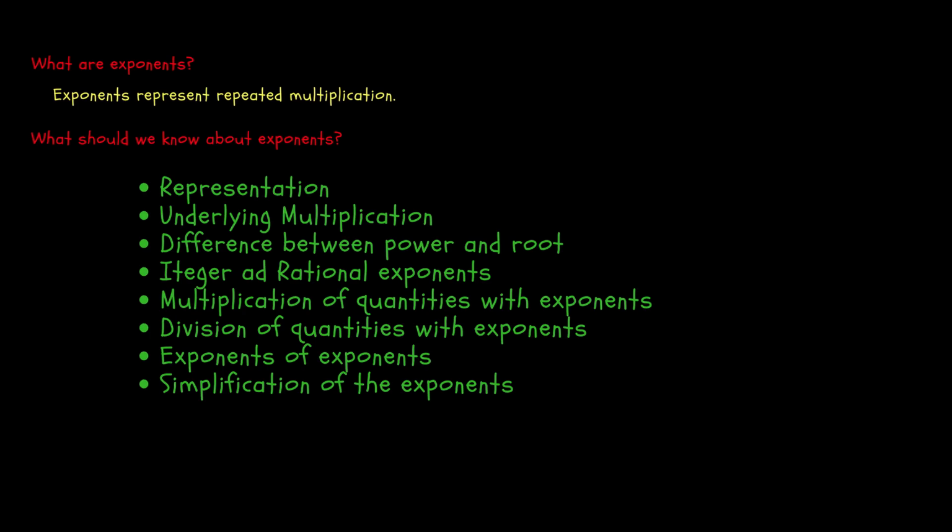So how we represent these exponents in different forms, and what is underlying multiplication? It is very important that we understand that when we put an exponent on top of a variable or an integer, there is an underlying multiplication happening there.